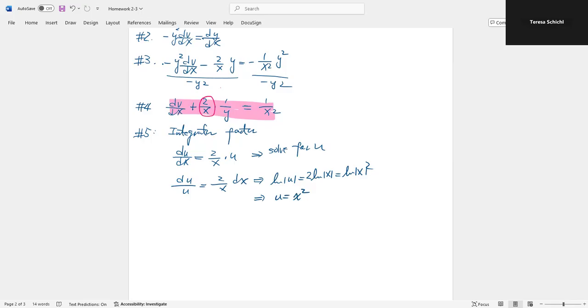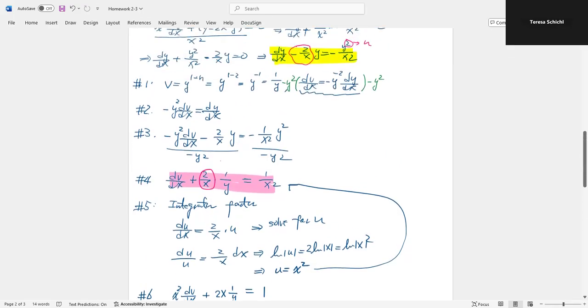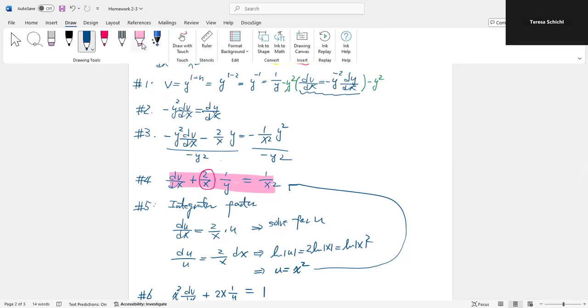All right. So remember, we multiply the integration factor into this equation. So we will have x squared dv dx plus 2x times 1 over y equal to 1. And now, let me highlight this here.